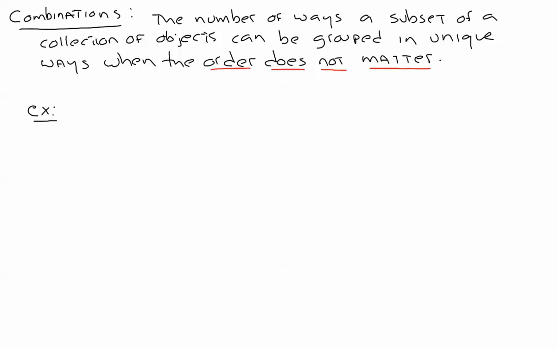So imagine we've got a set with 4 elements in it, capital A, B, C, and D. All right, we're going to say here N equals 4 objects.